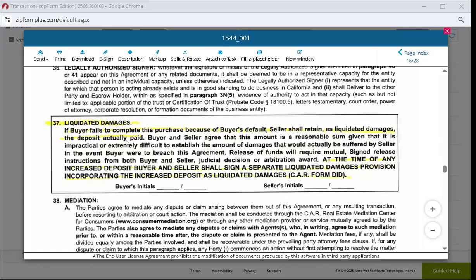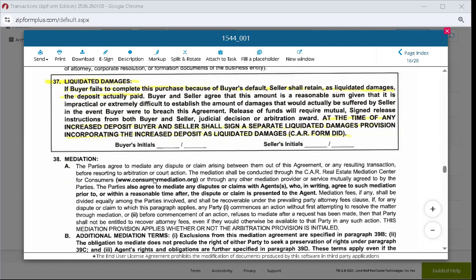Okay, so when you're bringing in additional funds, I'll show you how to either include it in the liquidated damages or not. As a buyer's agent, you probably don't want to include it, okay? So it's telling you right here, at the time of any increased deposit, the buyer and seller shall sign a separate liquidated damage provision, which is CAR Form DID.